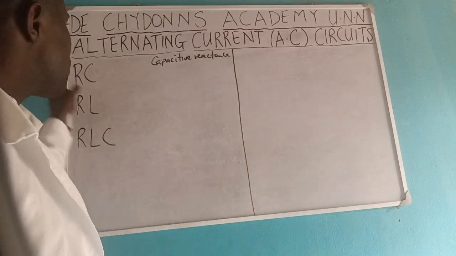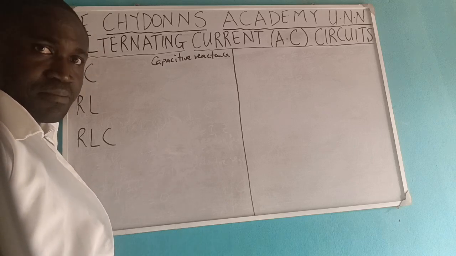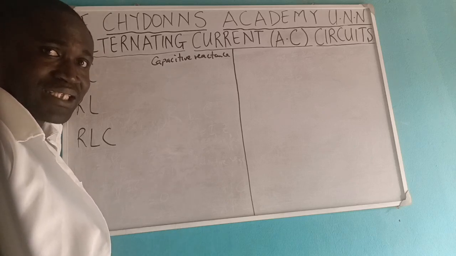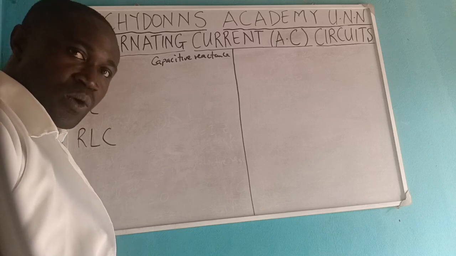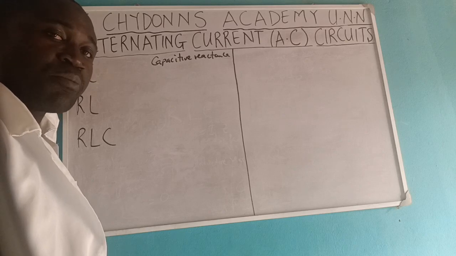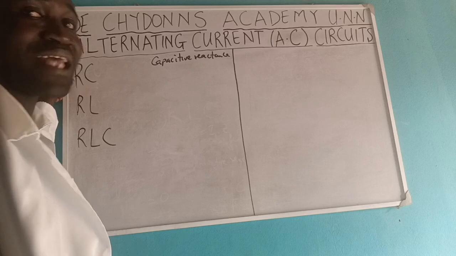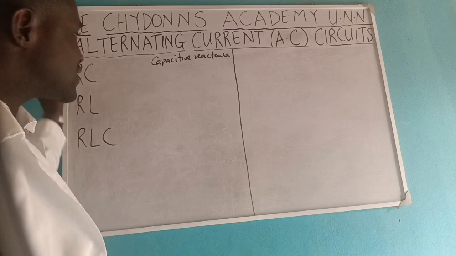You know that the pure resistor itself opposes the flow of electric current. If the flow of electric current is opposed by a resistor, we call it resistance, effective resistance.